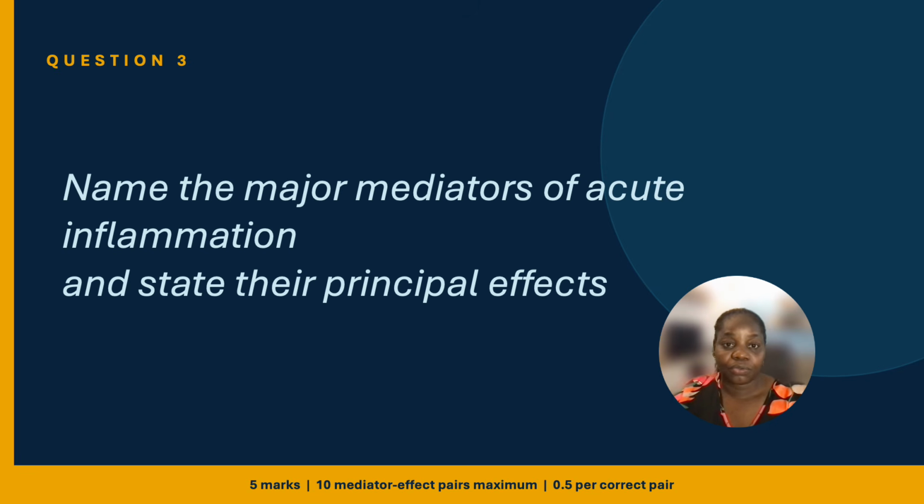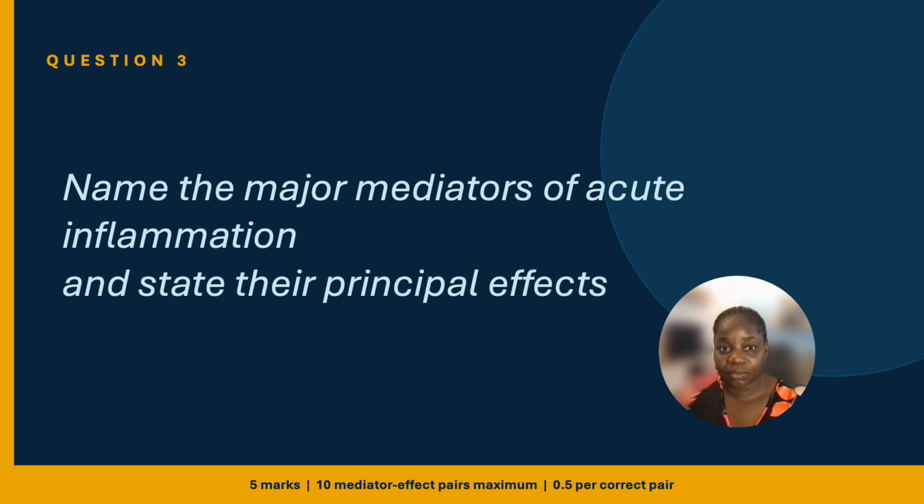So the critical rule for the 0 marks: if you give a vague effect, you score nothing. A student will write, for example, histamine causes inflammation.